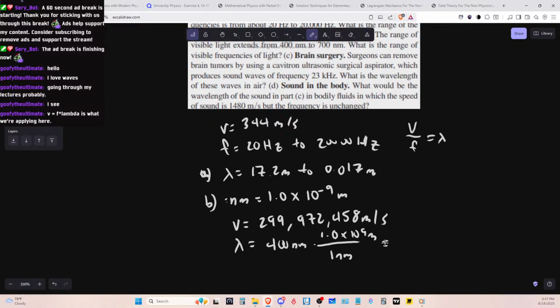Okay. Okay, 400 times 10 to the negative 9. Yeah, so it would be 4 times 10 to the negative 7 meters. And I think it would be the same for 700 nanometers.